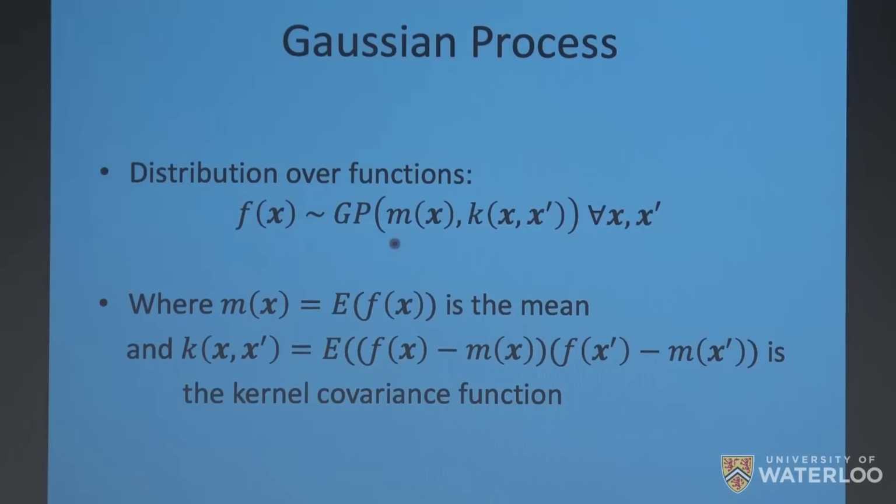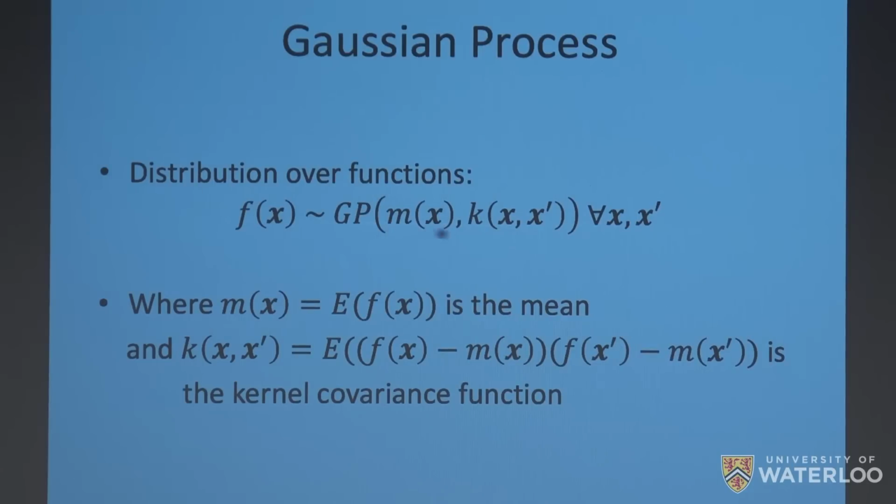I'm going to have to write an infinite vector, and that really corresponds to a function itself. So here, the mean is a function, and now the covariance, which should be a covariance matrix, is instead going to be a two-dimensional covariance function so that I can capture an infinite number of dimensions. Okay?